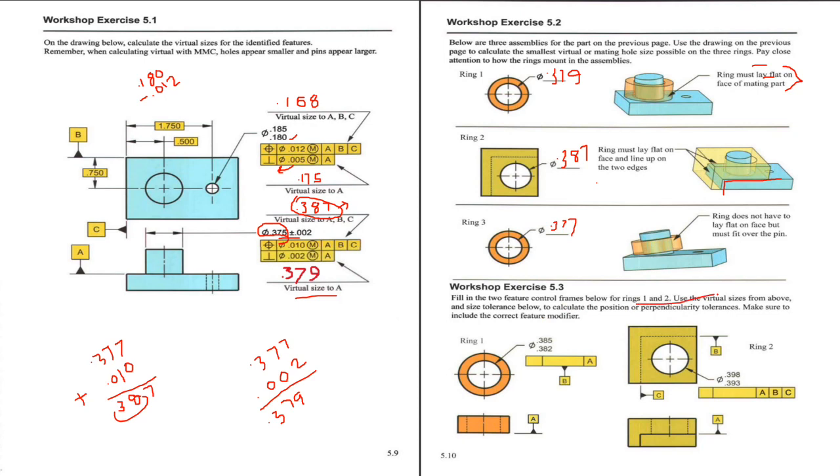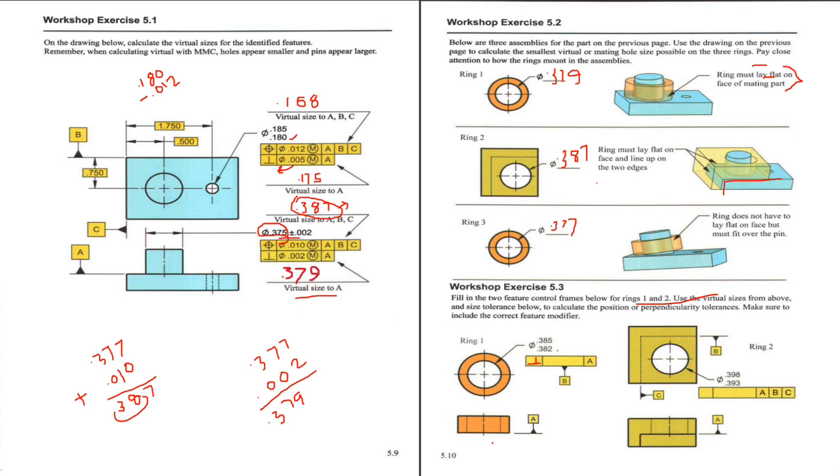Then here, okay, use the upper virtual size and calculate the position and perpendicularity tolerance. So the perpendicularity tolerance for this pin: first is the symbol of perpendicularity. This would be MMC of the ring.